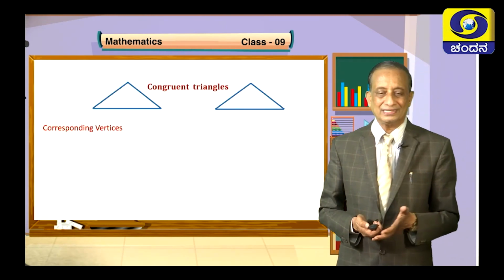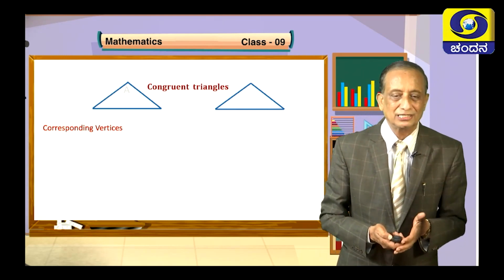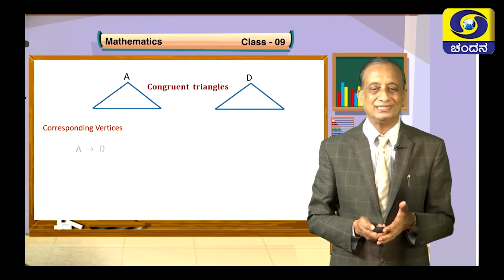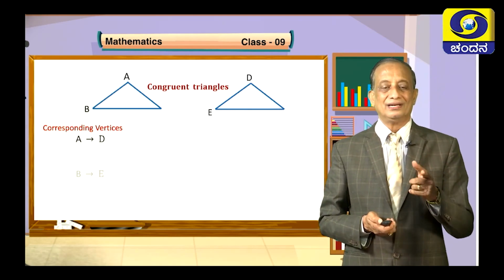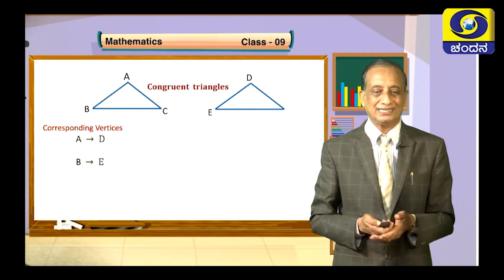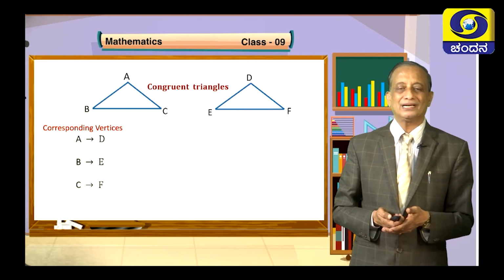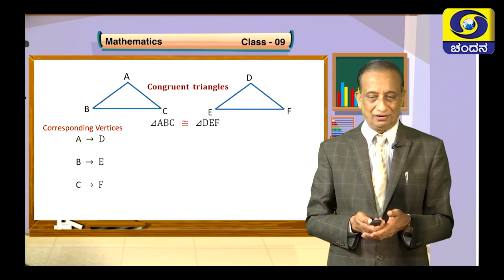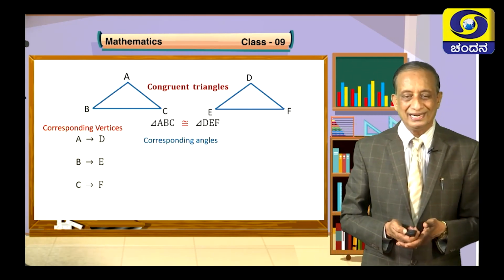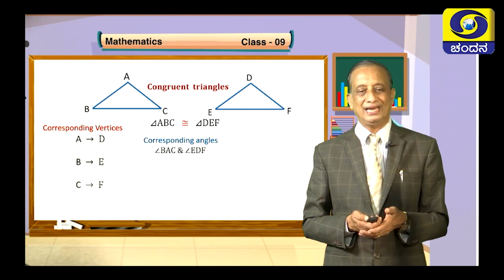So we have to understand now what the corresponding vertices are. If two triangles are congruent, we say vertex A corresponds to vertex D, vertex B corresponds to vertex E, and C corresponds to F. Okay. Now look at the corresponding angles.